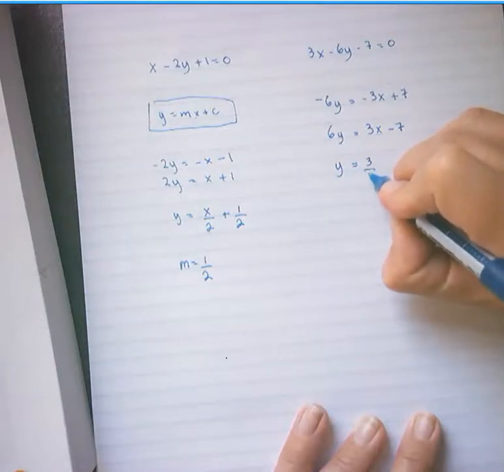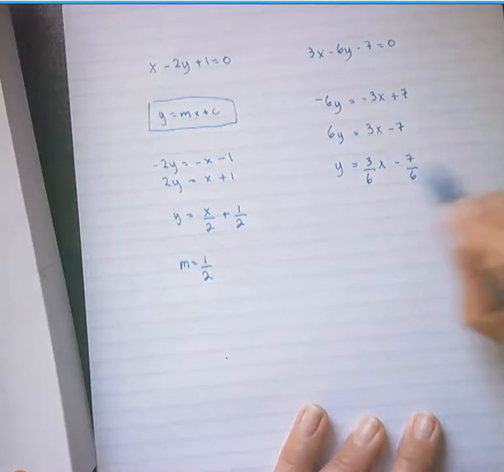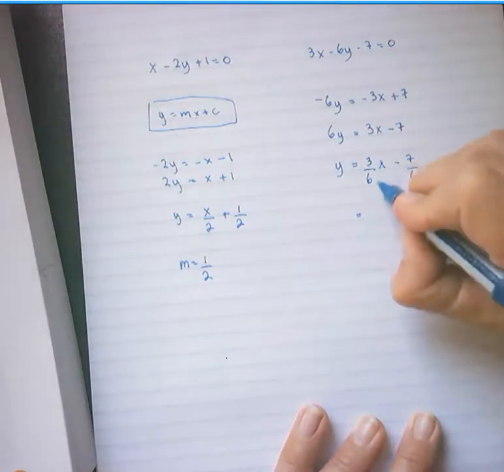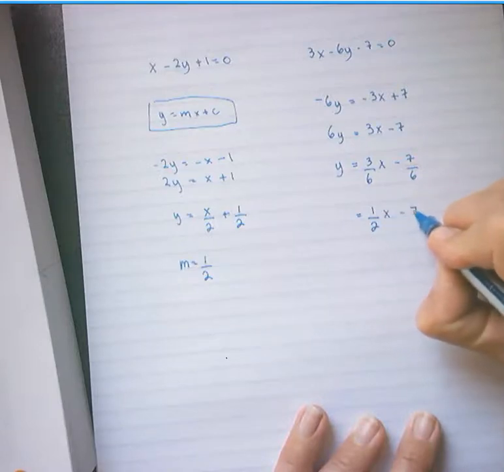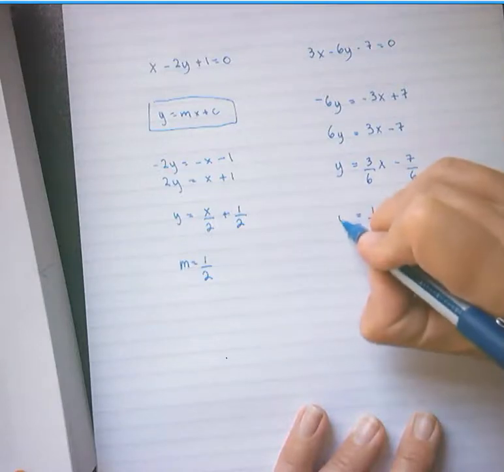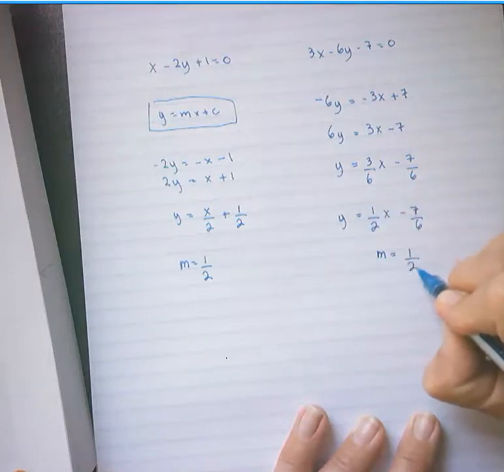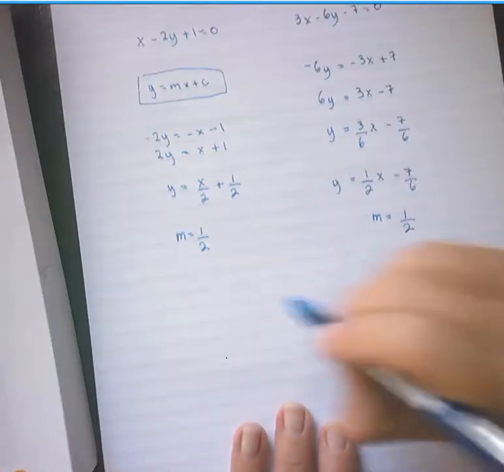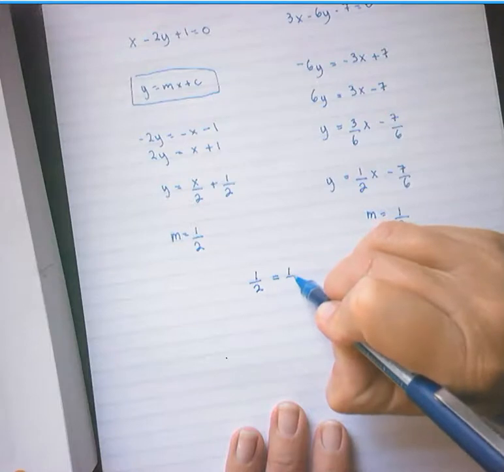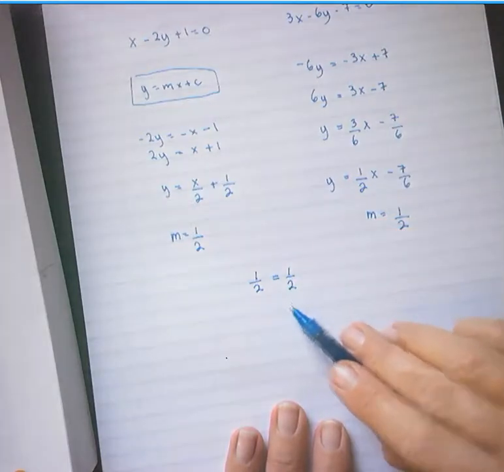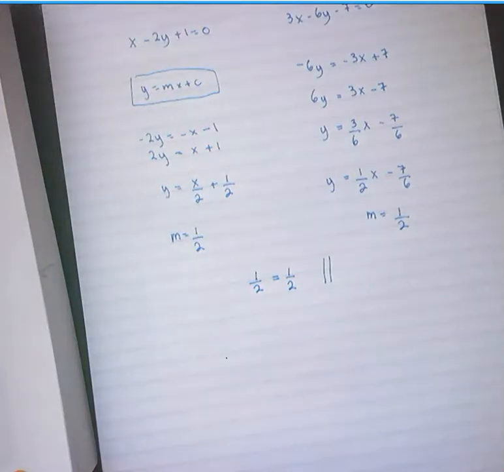So you're getting 3 over 6x minus 7 over 6. Tidying it up, 3 divided by 6 is a half x. And we can leave the 7 over 6 the same. So this slope is equal to plus a half. So we have slope 1 is a half, slope 2 is a half, so they are equal to each other. So that means we know that the lines are parallel.